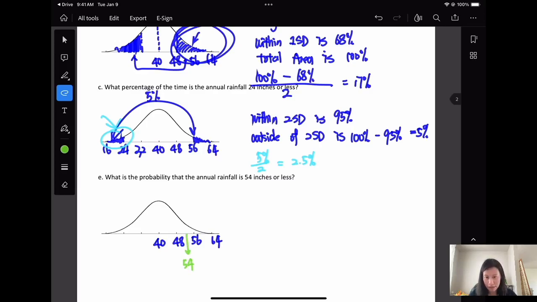Then we don't know exactly. You can just calculate it by guessing. So in the next video, I'm going to talk about how to use technology to find precisely how to calculate the probability if it's not on the standard deviation.